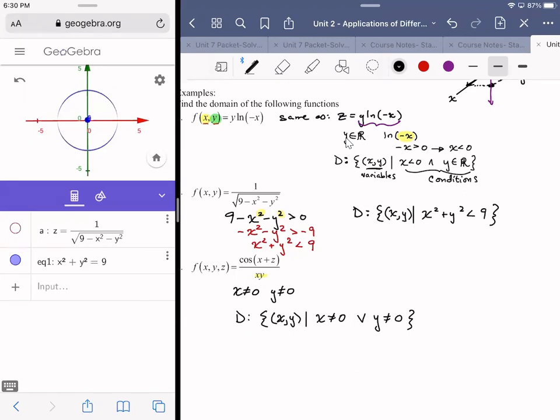It doesn't have to be the instance where they're both equal to 0. In the other case, we needed those conditions to occur concurrently. We needed y to be part of the set of all real numbers while also x being less than 0. Here, if either of these conditions fails to be met, we have a function that does not exist.